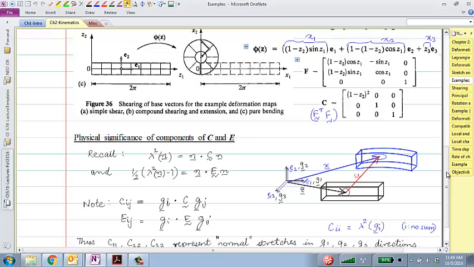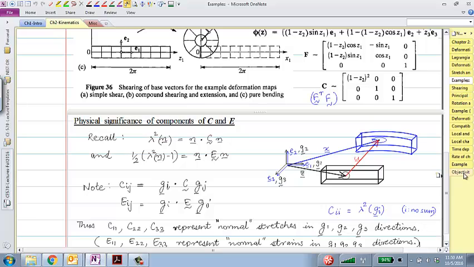Squares of stretches, yes. A diagonal entry like C11 or C22 or C33 would be nothing but E1 dot C acting on E1, which picks out the C11 entry, the square of the normal stretch in the 1,1 direction, similarly 2,2 and 3,3.